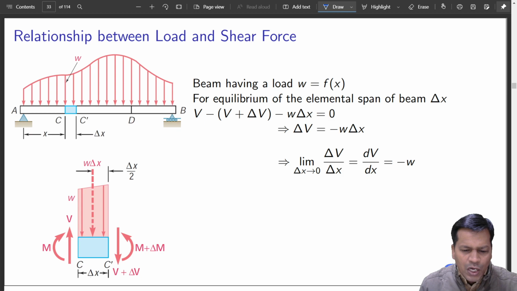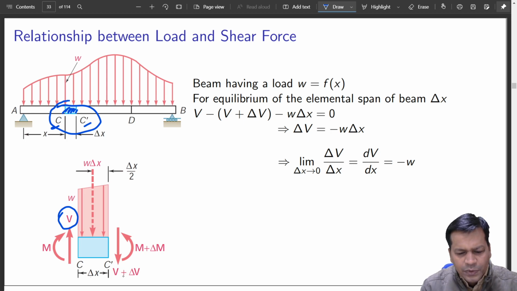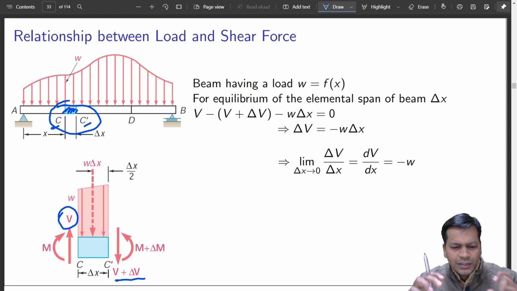Now if you take any section, this is a small section which is under consideration. One half of this will have a vertical force acting upwards, something like this, and the other section, at the other side of C dash, will have a different vertical force, maybe in the opposite direction, trying to restrain, trying to balance it.